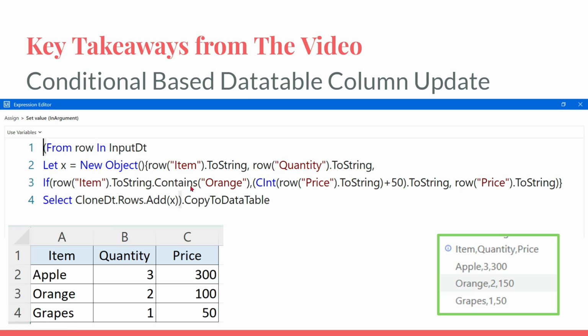The first part is the condition, and the next part is the value we want if it is true. If it is not orange, then I want to show the normal value, which is row price dot toString. This is how we cloned it and added to the clone data table and the X object. This is how you achieve the output: apple 300, grapes 50 remain as they are. Only for the orange has the value changed. So you remember the syntax.